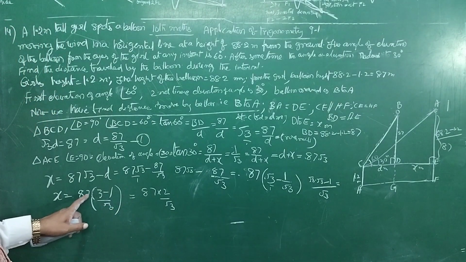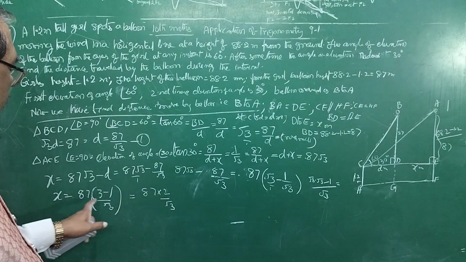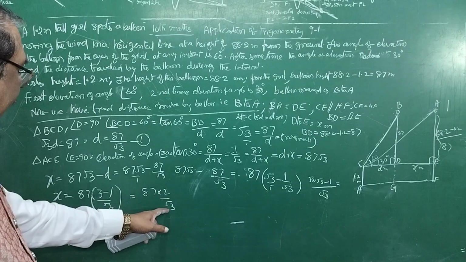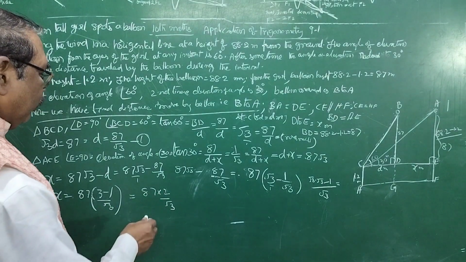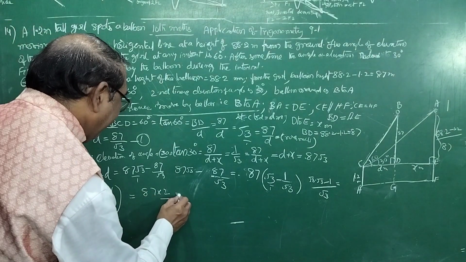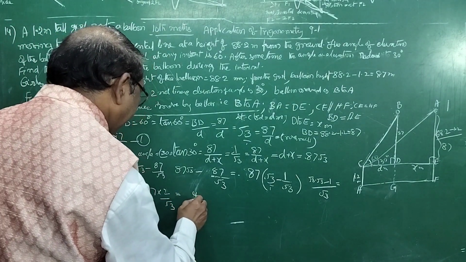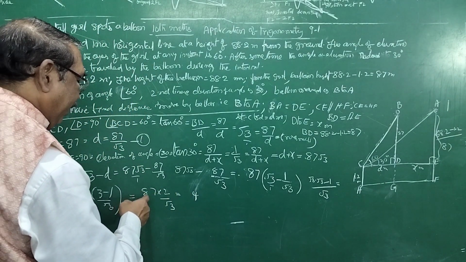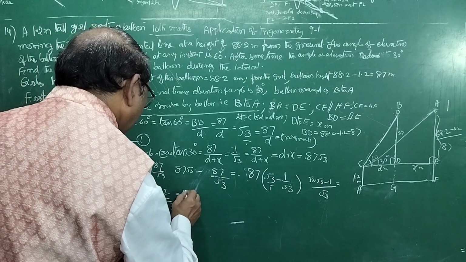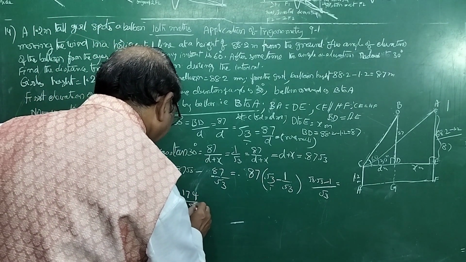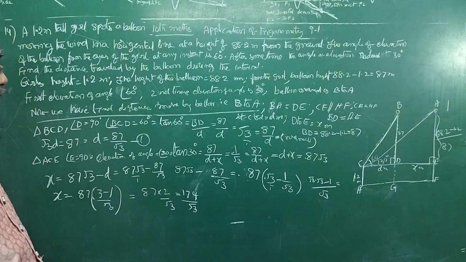You see, 3 minus 1 is 2. 87 into 2 by root 3. 2 sevens are 14, 2 eights are 16 plus 1, 174 by root 3.